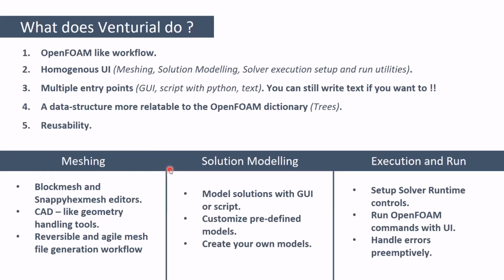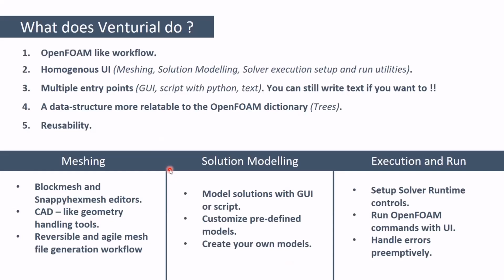But we also realize there are a number of people with different levels of skill set. So naturally, you would need multiple entry points and a more reliable data structure, which will replicate what an OpenFOAM dictionary normally does.